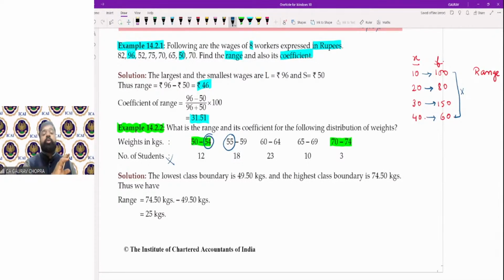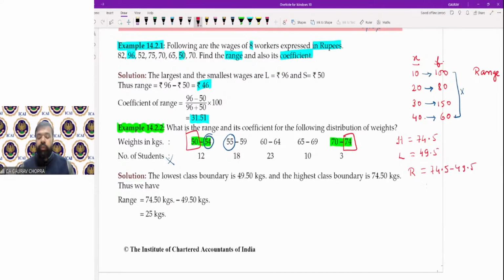Okay, but we do not require the complete series. हमें सिर्फ smallest value चाहिए and highest value चाहिए. So therefore, we will convert only these two. So highest value will be 74.5, lowest value will be 49.5, and range will be difference of these two.